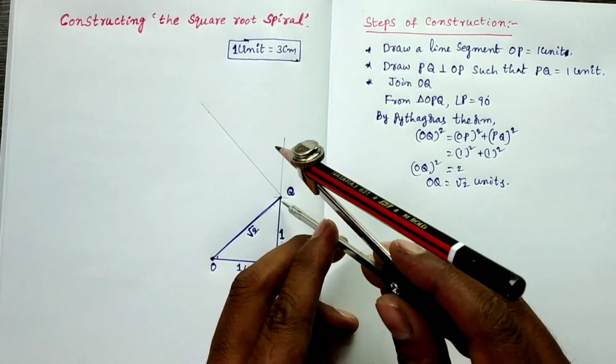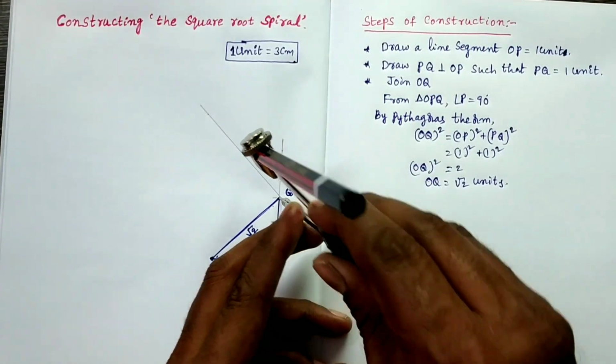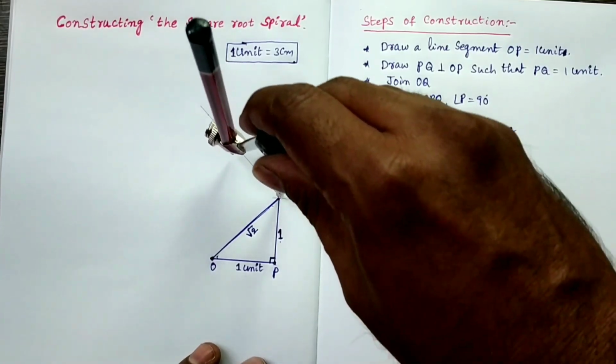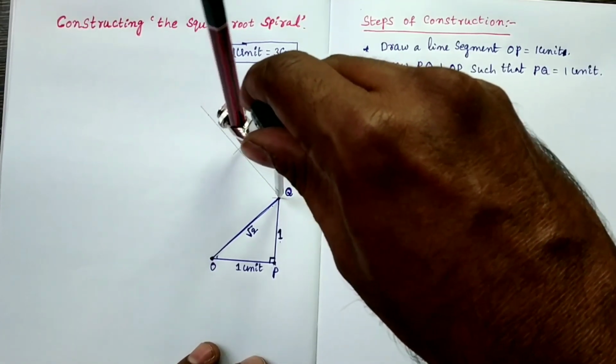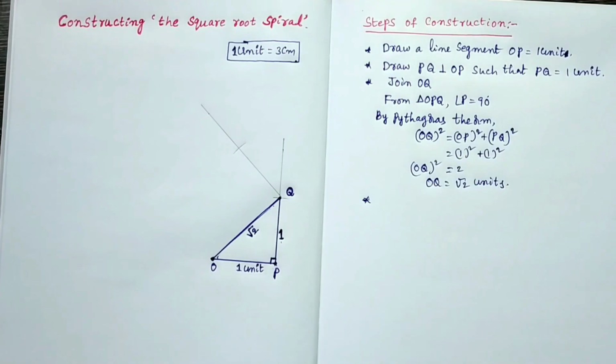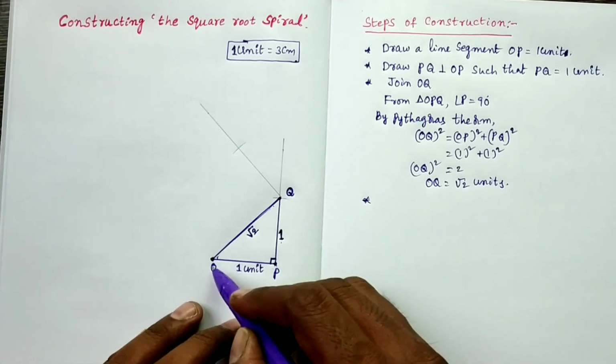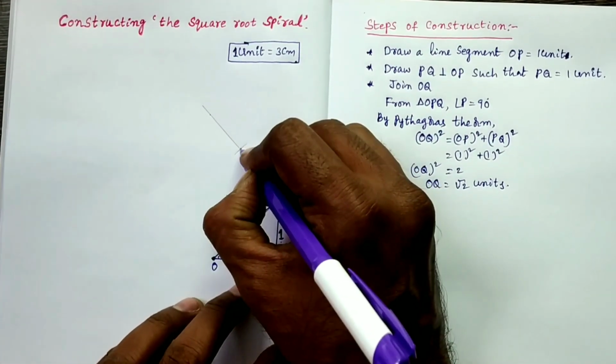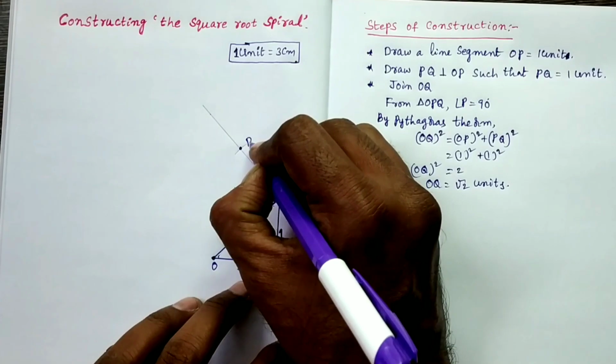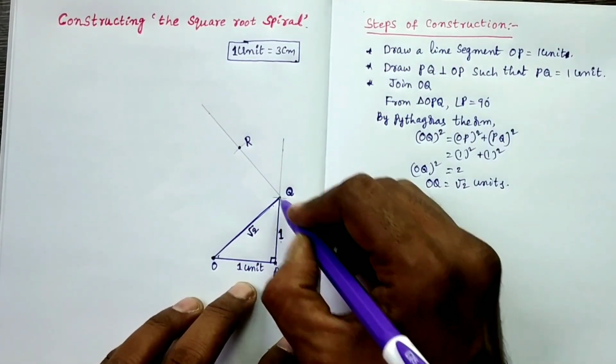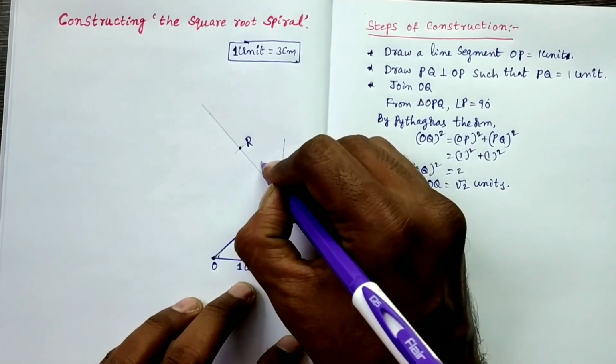Take Q as center and this 1 unit as radius. Draw an arc on the perpendicular line of OQ. It cuts the perpendicular line at the next point after P, Q, which is R. So this is R, and QR length is 1 unit.